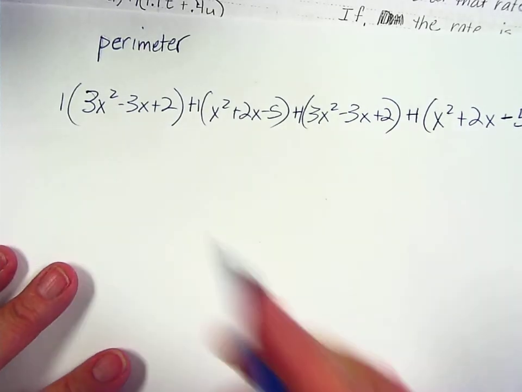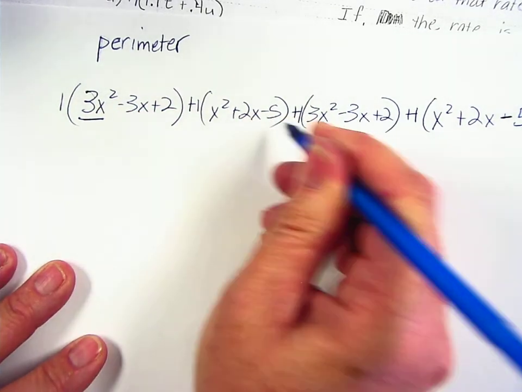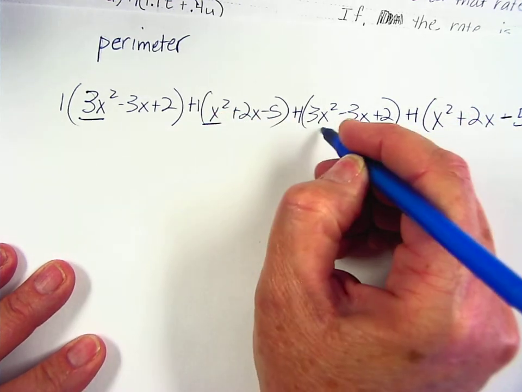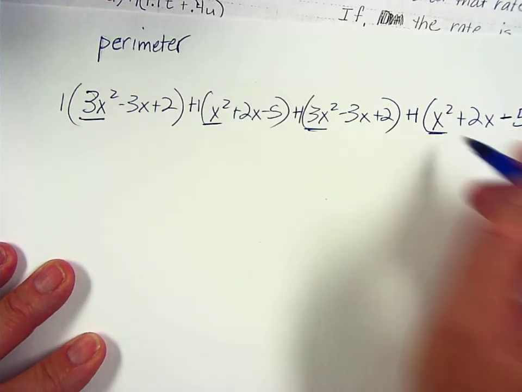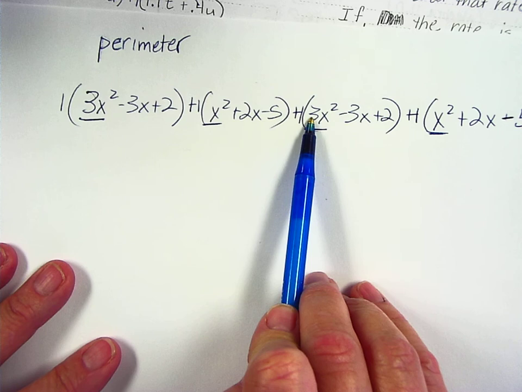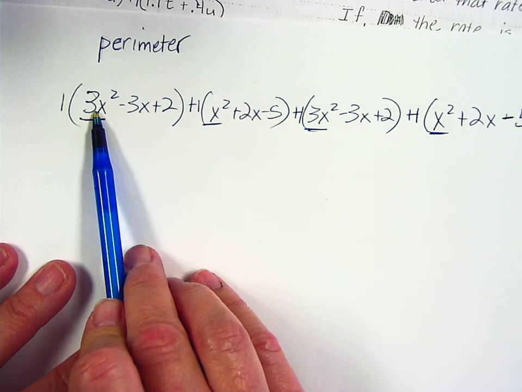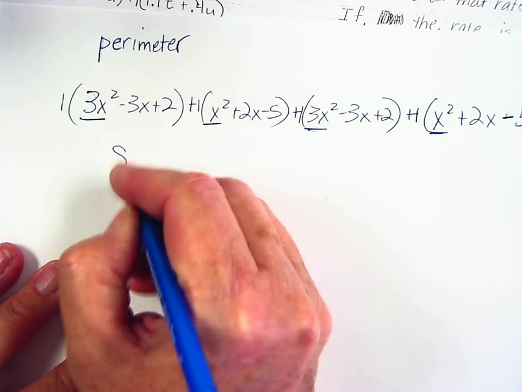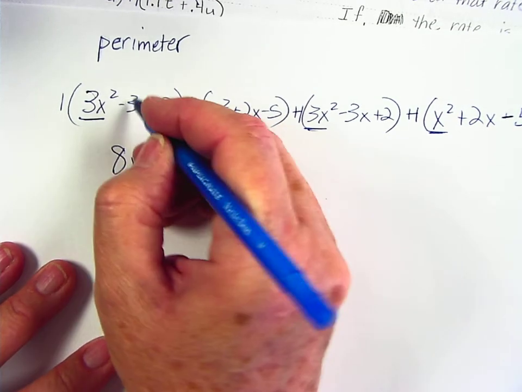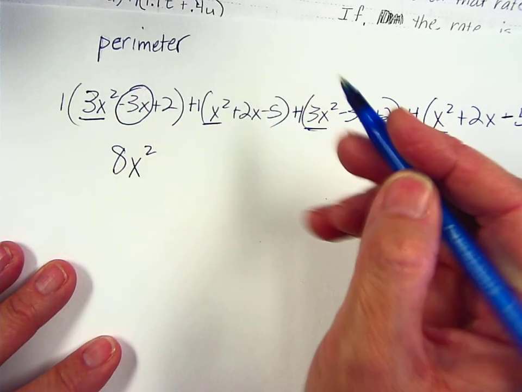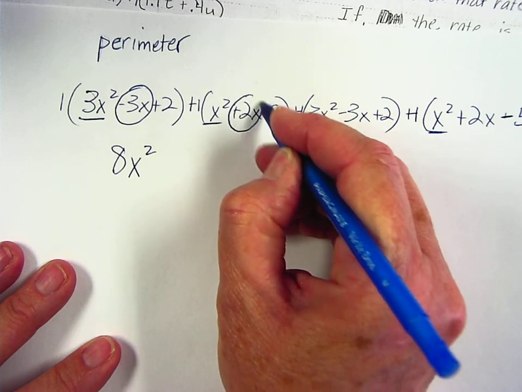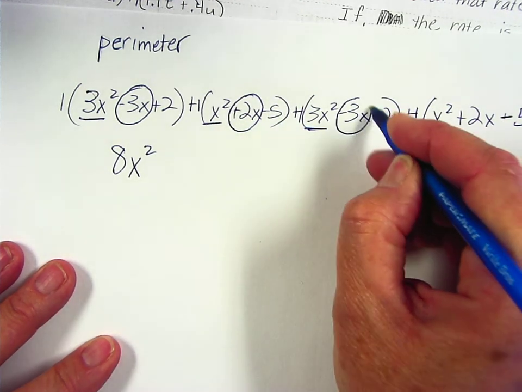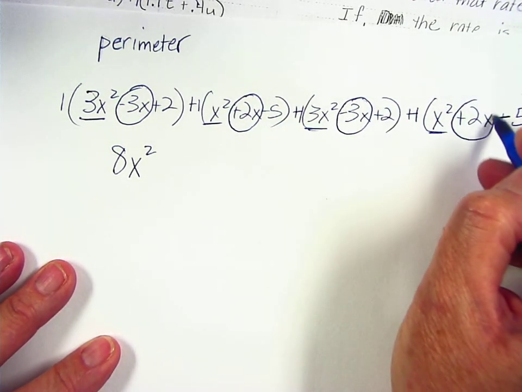So let's check this out. I got a 3x squared here. I got an x squared here, a 3x squared here, and an x squared here. So I have 3, 6, 7, 8 x squareds. Okay, I have a negative 3x and a positive 2x and a negative 3x and a positive 2x.